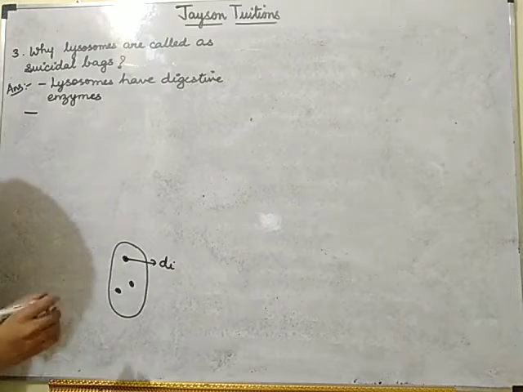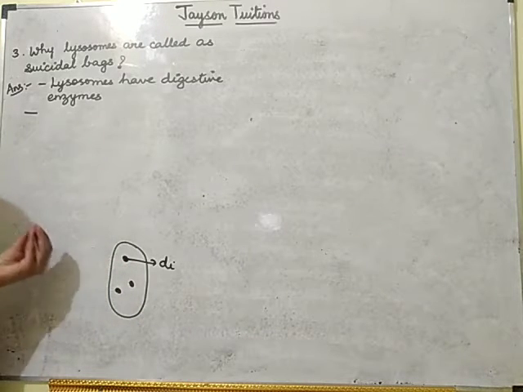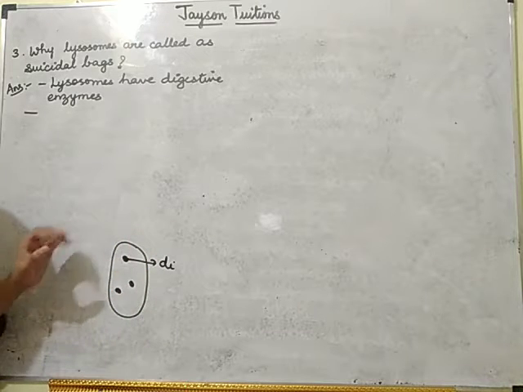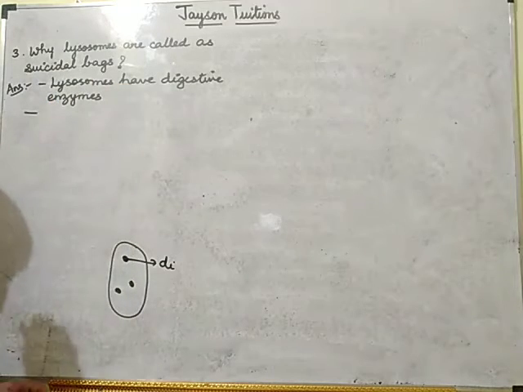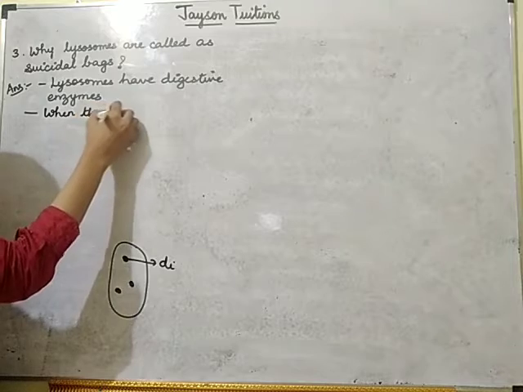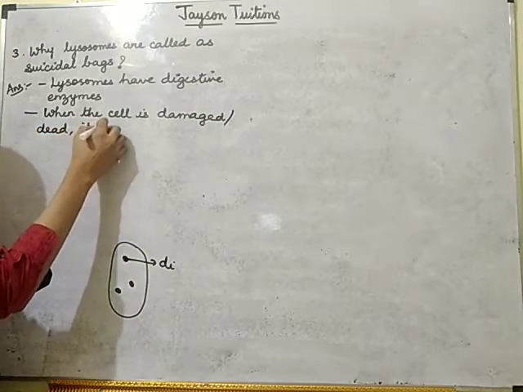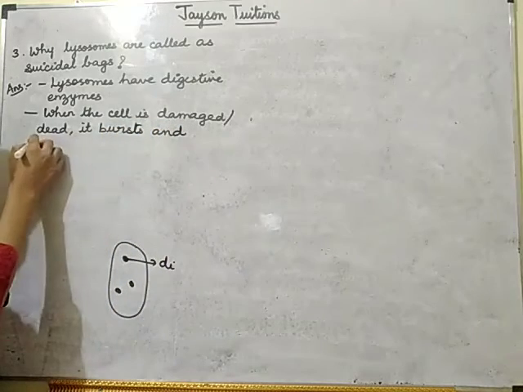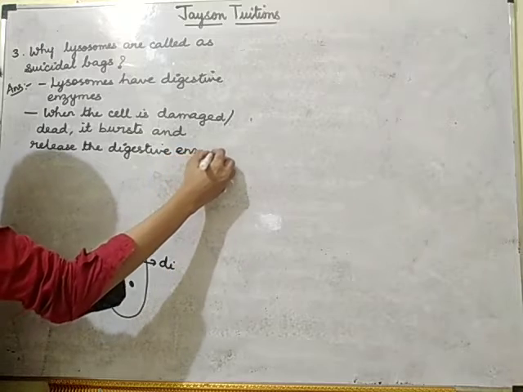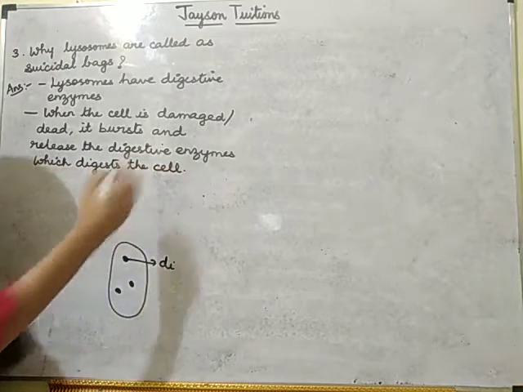If the cell is damaged or dead, what will the lysosomes do? They will burst and release the digestive enzymes, and those digestive enzymes will digest the whole cell which is damaged or dead. Understood?